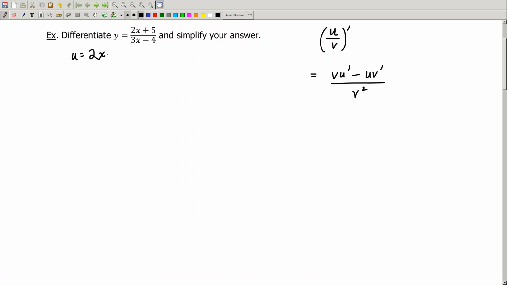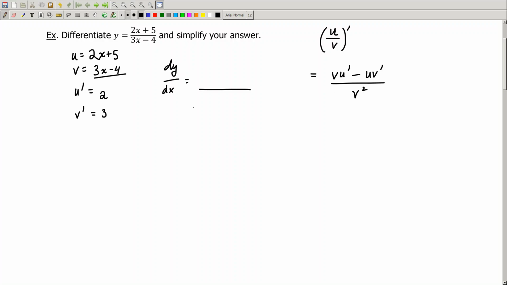Let's label the numerator as u, denominator as v, and so u prime is going to be 2, v prime is going to be 3, and then all I have to do is plug it into that formula, provided that I've remembered that formula very well. So here we go, dy dx equals, on the bottom, v squared.